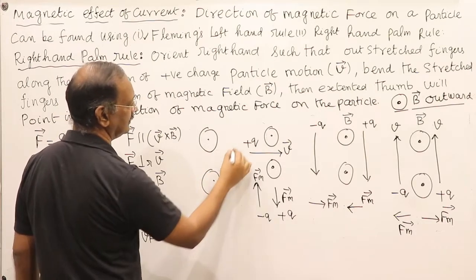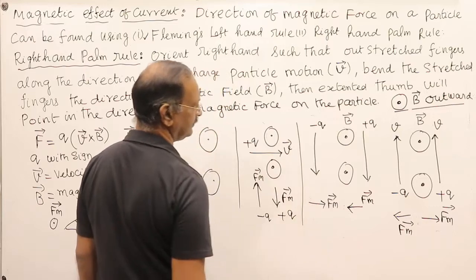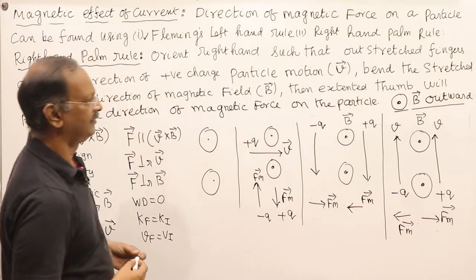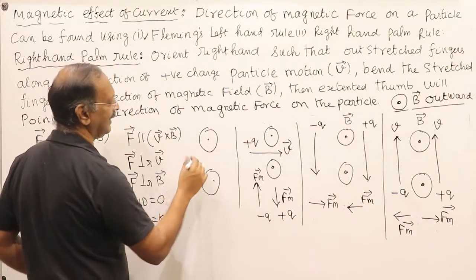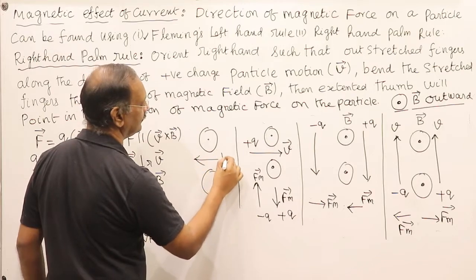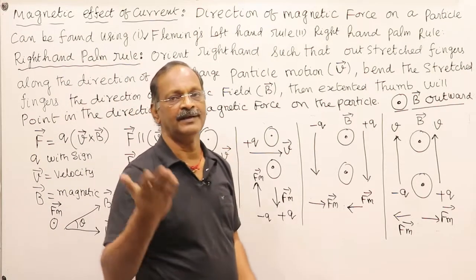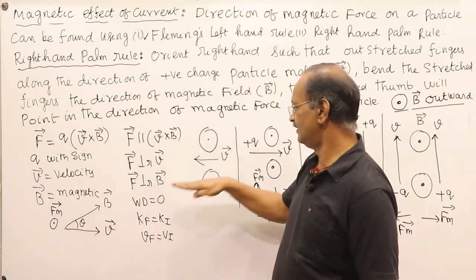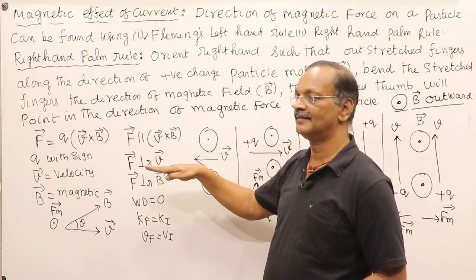One more example we will take. Magnetic field in this direction. This is another type. Now the magnetic field is outward, and let us see the velocity is in this direction. Now what we have to do is orient this finger along the direction of velocity. We have oriented along the direction of velocity, and the magnetic field is outward.